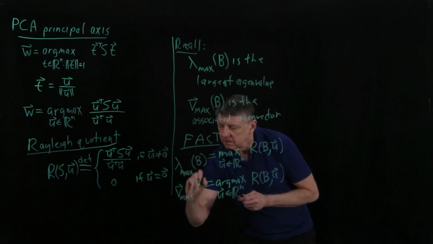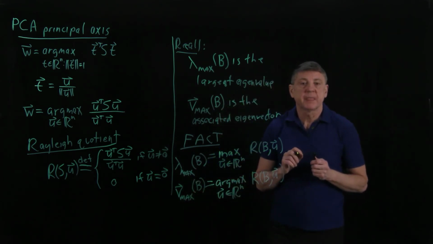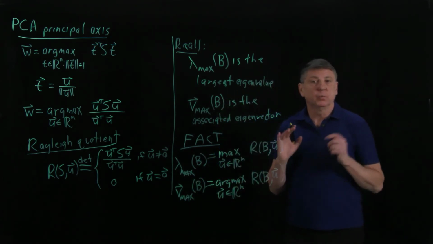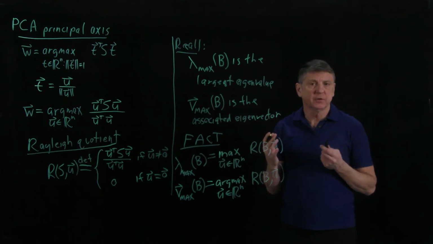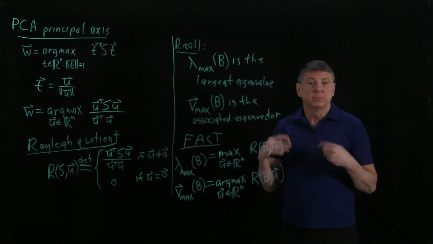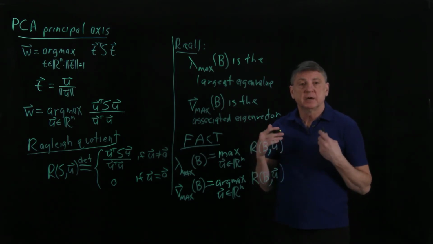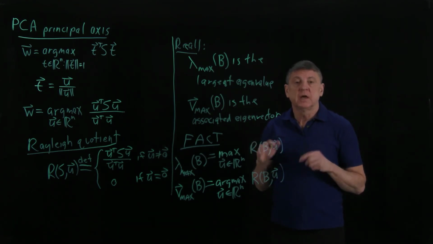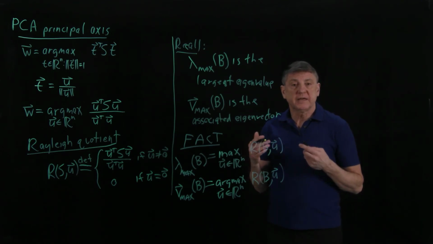And for the problem that we have now, an argmax over u having n entries of the Rayleigh quotient of this matrix, that is the associated eigenvector of that matrix. So we now have yet another way to think of principal components analysis, or PCA. Previously, we thought of it as related to the covariance matrix. Then we found that it was related to eigenvalues and eigenvectors of the scatter matrix.